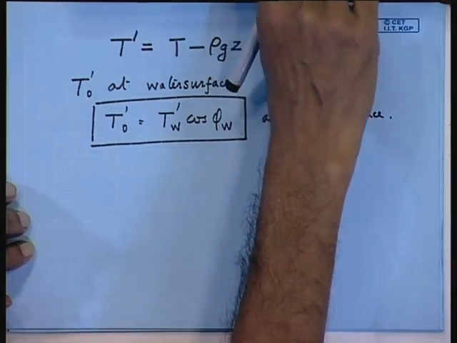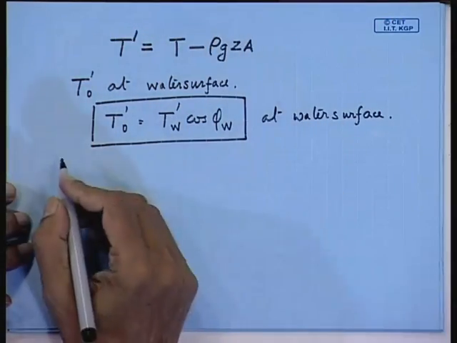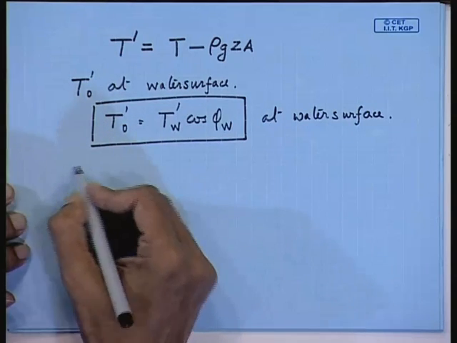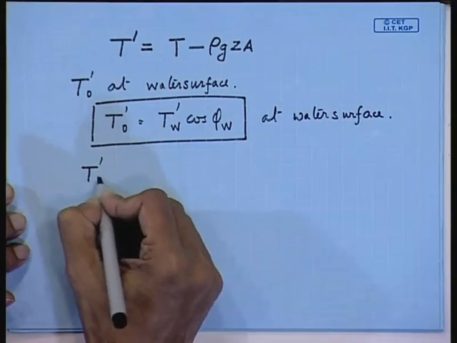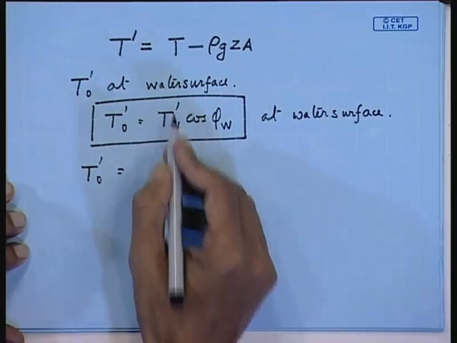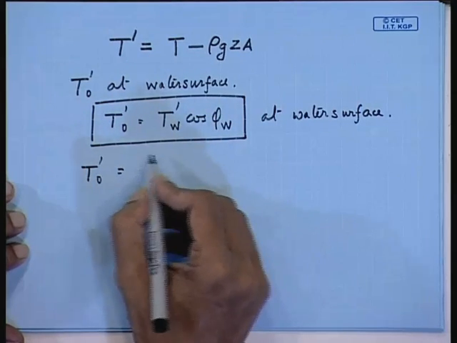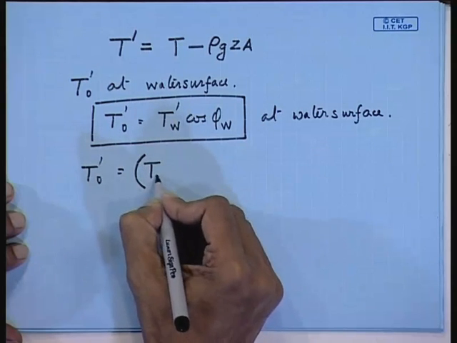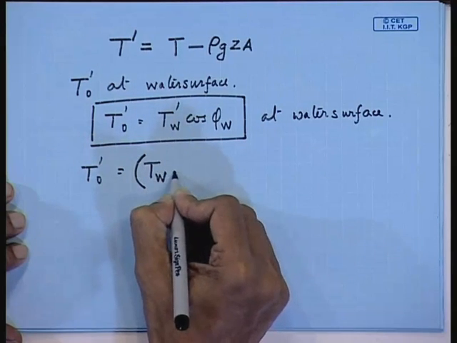Now you compare. Now at water surface, this expression, that is T prime naught. Now you just see that you have put a prime out here, that means you have corrected for hydrostatic pressure. So this will be TW minus how much?